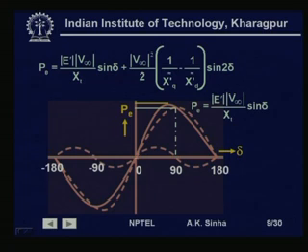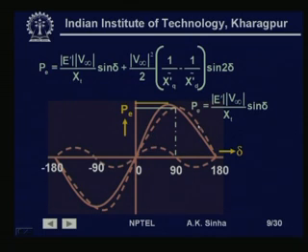So, the second term is shown here, and finally for the salient pole machine, the power angle characteristics will be the sum of these two terms. So, it is given by this line here.